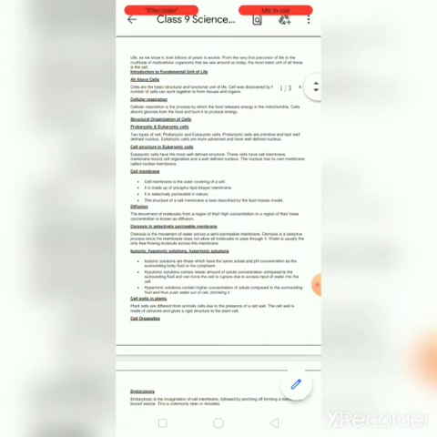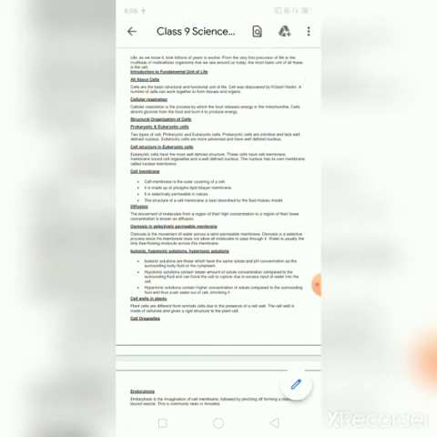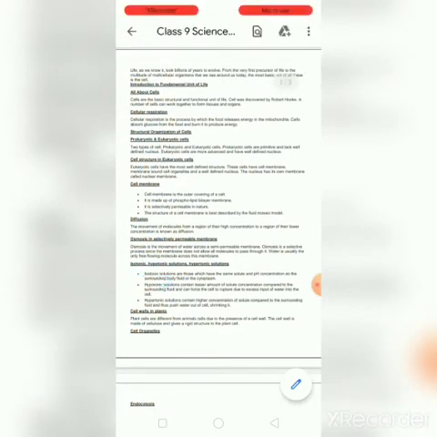Now, what is basically a cell? Cells are the basic structural and functional unit of life. Who discovered cell? Cell was discovered by Robert Hooke with his microscope that we have studied in the NCERT book.